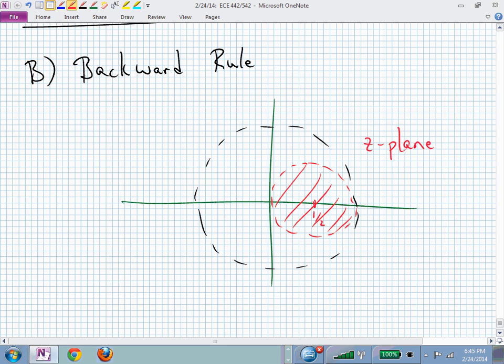That's the backward rule. That's when we replace s everywhere with z minus 1 over Tz.